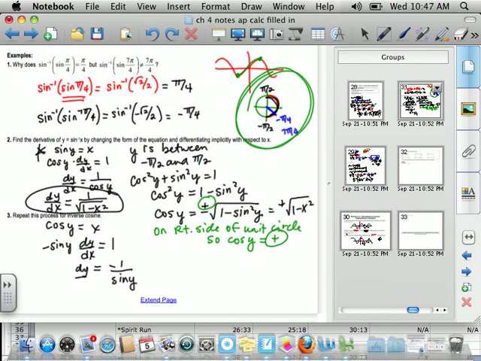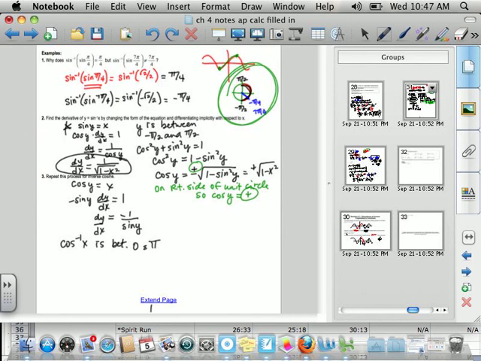Inverse cosine is restricted, where x is between 0 and pi. So that means y is between 0 and pi. Our angle's between 0 and pi. So where on our unit circle is between 0 and pi? The top part.